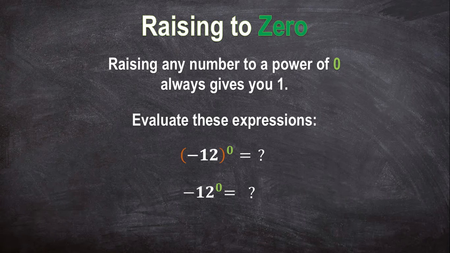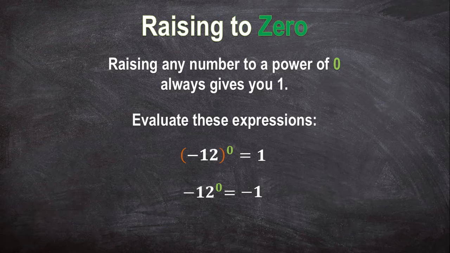Any number, positive or negative, raised to the 0th power equals 1. And down here, 12 to the 0th is 1 and then you are making it negative, so finally you will get negative 1.